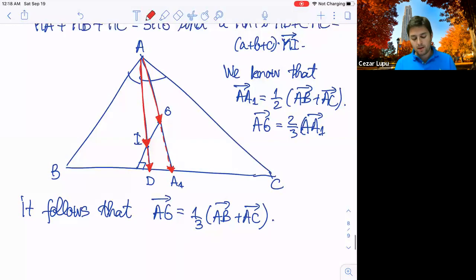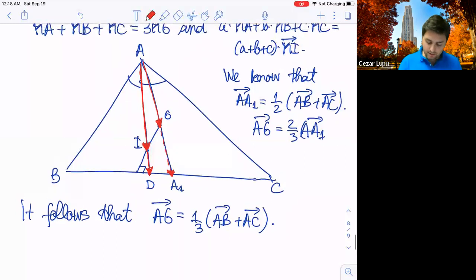I know that, but here I have the bisector theorem. You know, the ratio is similar.